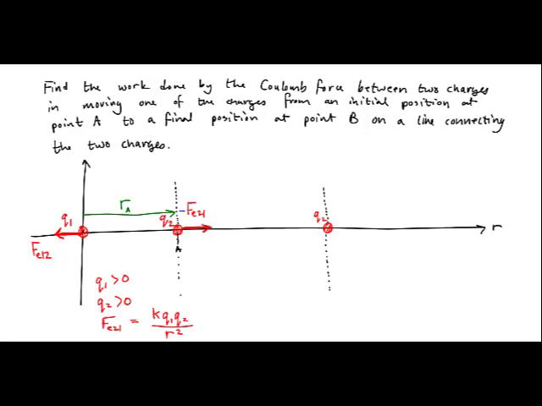At point B, since point B is farther away than point A, the Coulomb force of repulsion on charge 2 will be smaller. Let's use a position vector to refer to the position of charge 2 at point B. From this sketch, you could see that there is a displacement between points A and B.